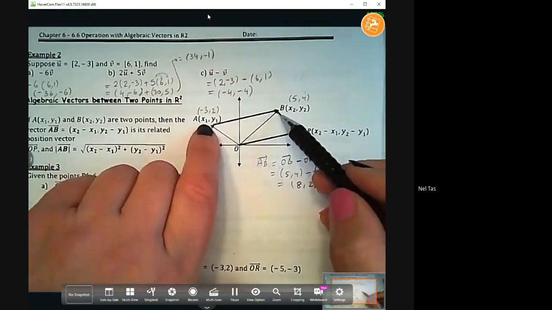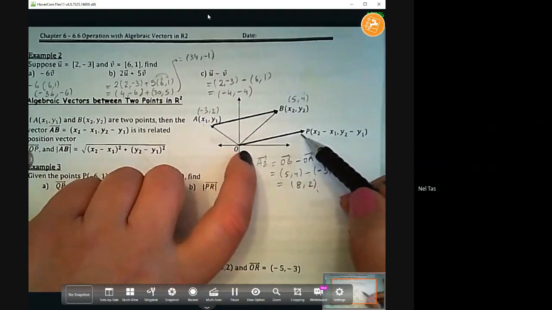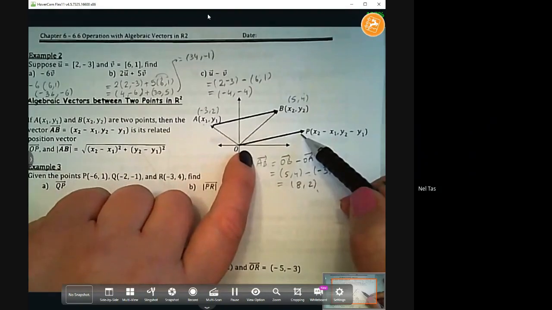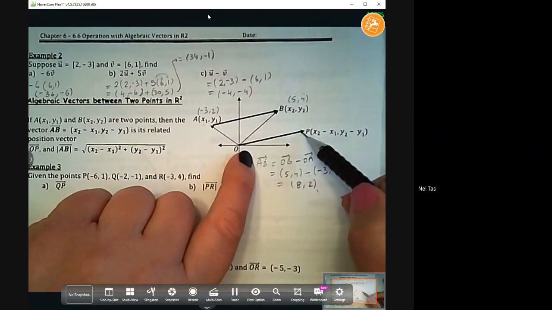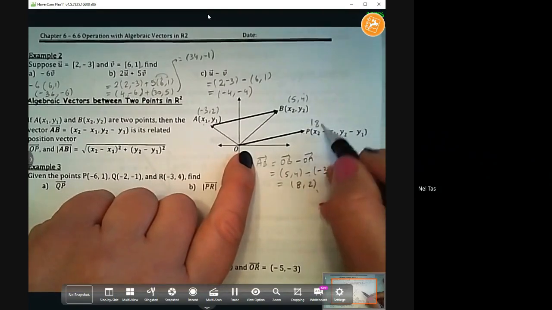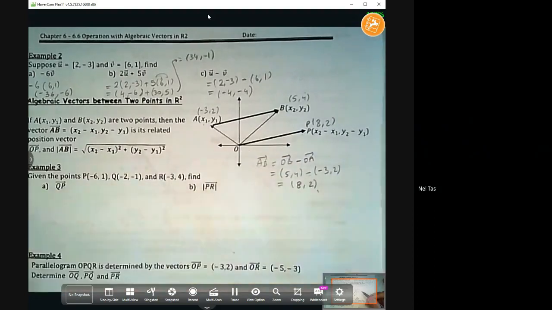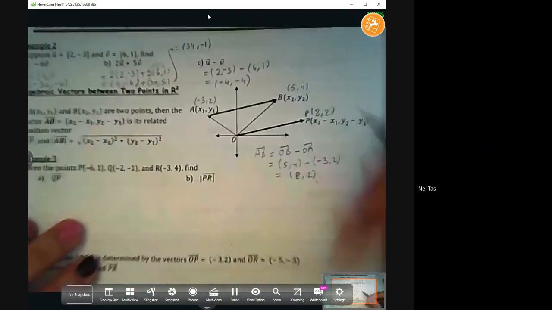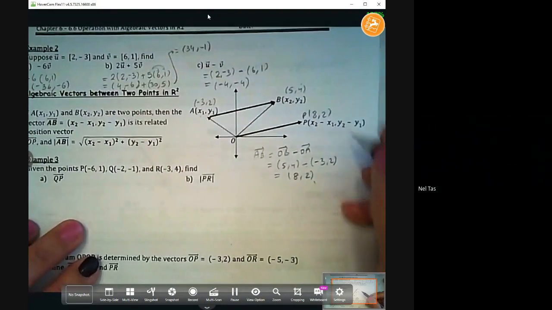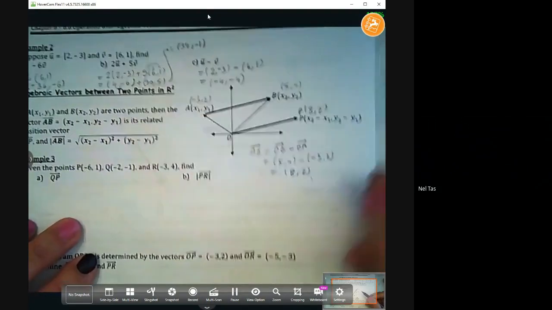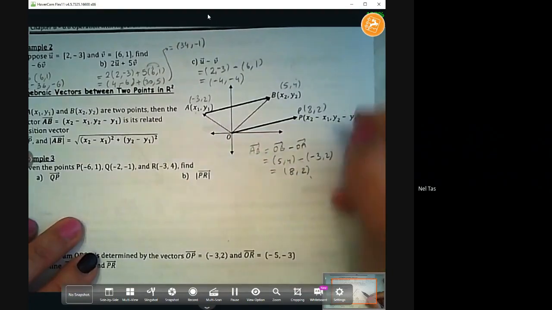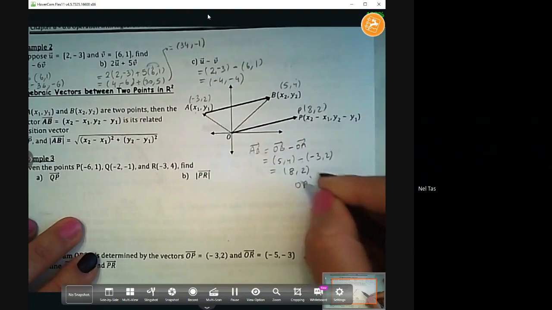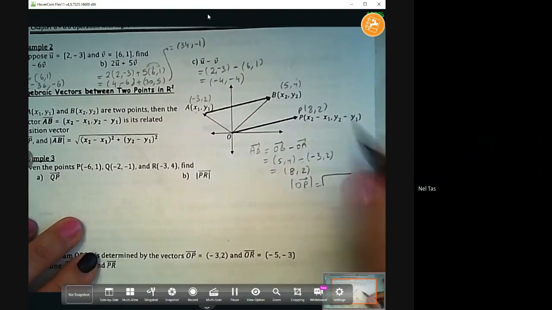You take that AB and move it so that the tail is at the origin. The vector that you get is that position vector, so (8, 2). Of course, to calculate the magnitude of that vector, which is OB minus OA, we can take the square root of 8 squared plus 2 squared.